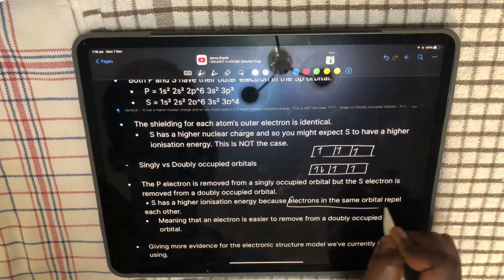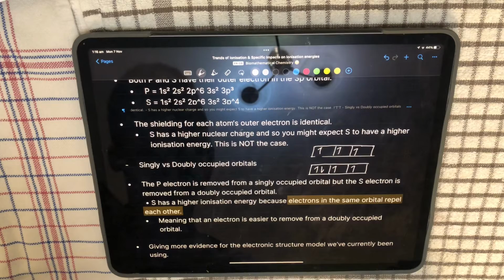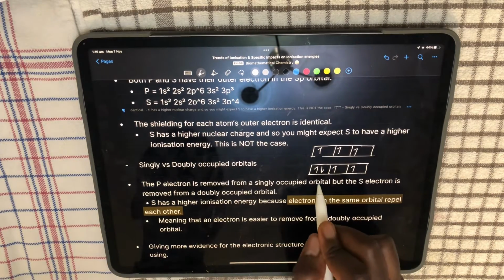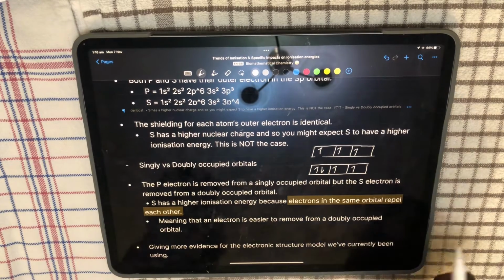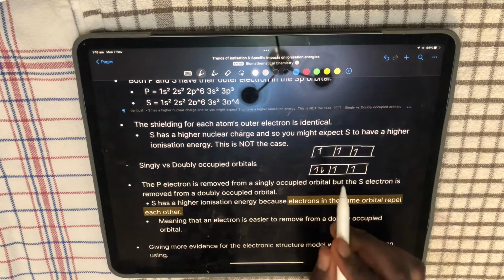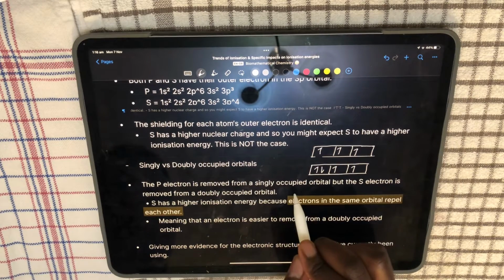The electrons in the same orbital repel each other, meaning that an electron is easier to remove from a doubly occupied orbital. So these two electrons here would actually repel each other, and that repulsion prevents that strong attraction to the nucleus.